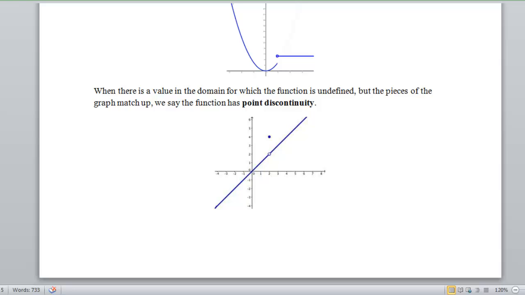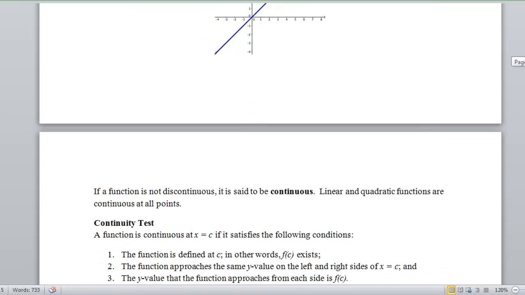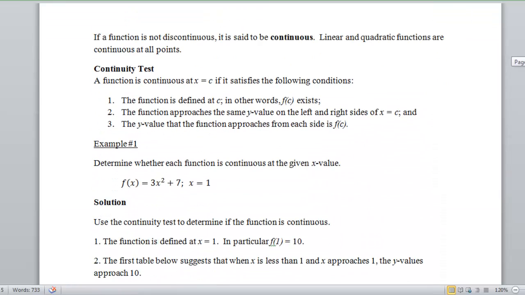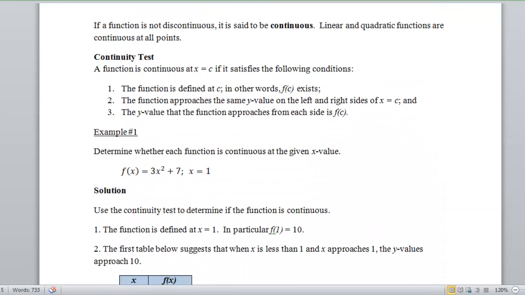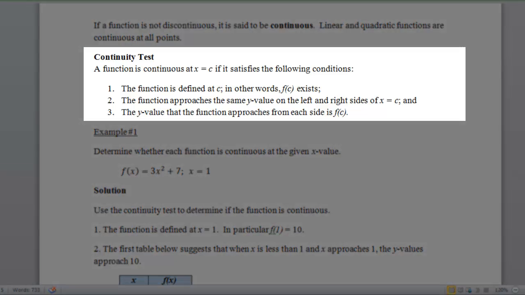Now, the tricky part is how to figure out if a graph is continuous or not mathematically. We've shown in previous lessons that we can visually determine a lot of these things, like symmetry and in this case continuity. But visual is not always proof enough, so we need mathematical tests for these conditions of continuity.